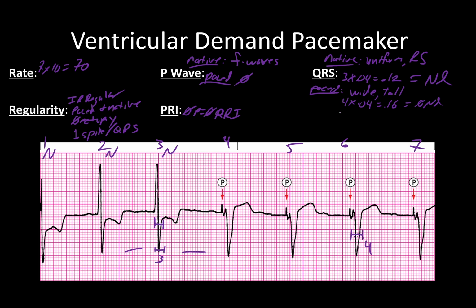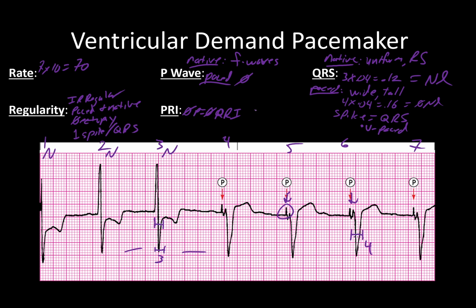And we can also note that the spike, which is right here, just like the arrows point to, a spike yields a QRS. And that's the hallmark of being V-paced. So we take in the fact that it is irregular, it's got a normal rate, and that we've got F waves.